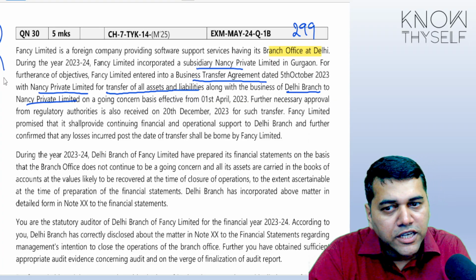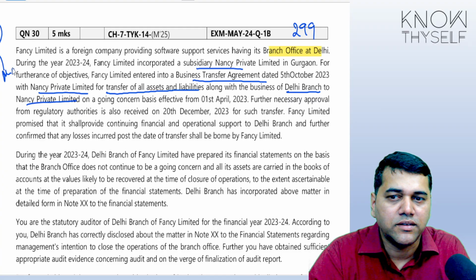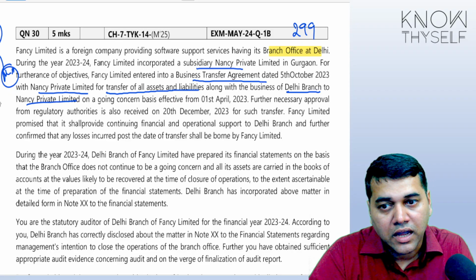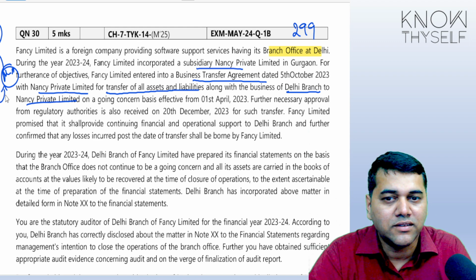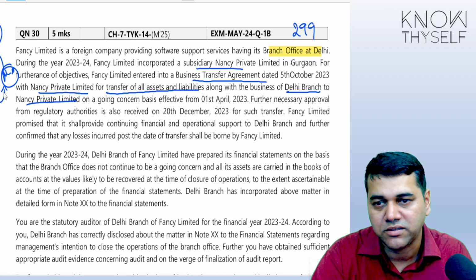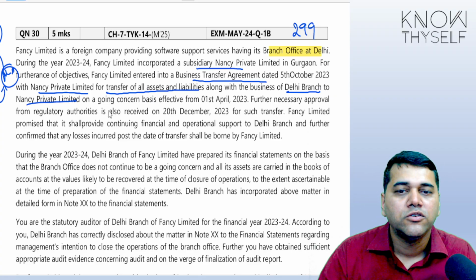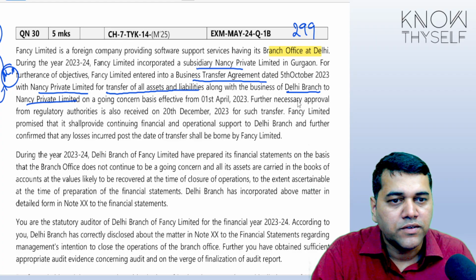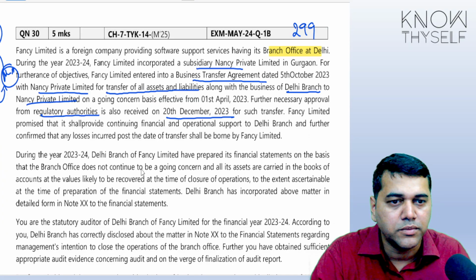Then you created one new legal structure called Nancy Private Limited. Now the new company came and you transferred this division. This is like a sale or a demerger. One of the divisions you sold to Nancy. So this is that agreement. Further, the necessary approval from the regulatory authorities was also received on 20th December.